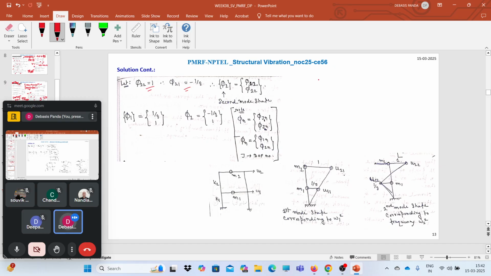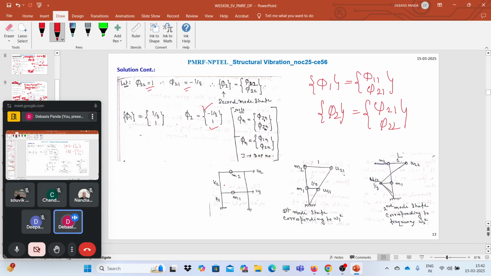So the first mode shape phi 1 contains phi 11 and phi 21. Phi 2 contains two terms again, phi 21 and phi 22, which we can see are minus 1 by 3 and 1.